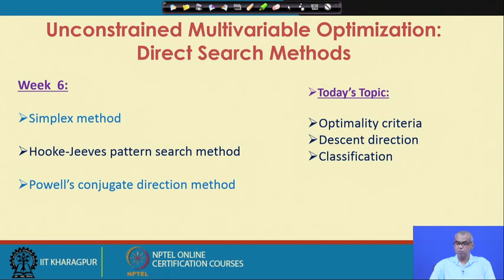We introduce the concept of descent direction, take a small problem on descent direction, and we will classify the techniques that we will talk about for unconstrained multivariable functions into two categories, direct search methods and gradient based methods, and we will see what are the methods under direct search methods we will study and what are the methods under gradient based methods we will study in this course.